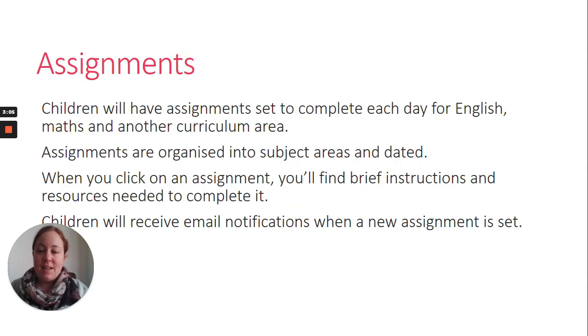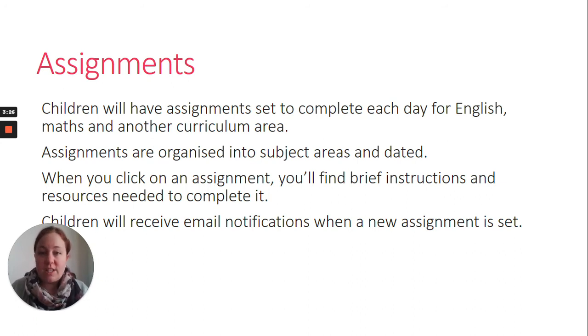So, let's think about the assignments. Every day, children will receive 3 assignments, one for English, one for maths, and one for something else from the curriculum. This could be history, geography, science, art, music, RE, pretty much anything.